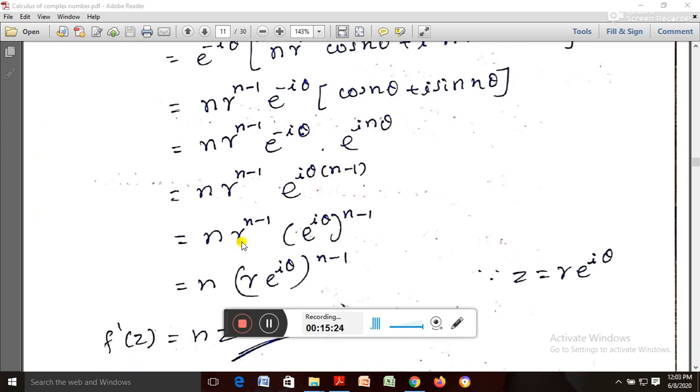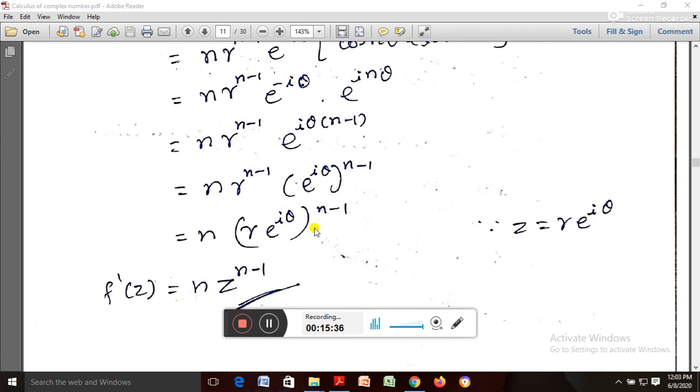So n into r raised to n minus 1 as it is, it can be rearranged such that we form the z value, e raised to i theta raised to n minus 1. So it can be written as f dash of z is equal to n into r into e raised to i theta, raised to n minus 1. r into e raised to i theta means z. Therefore f dash of z is equal to n into z raised to n minus 1.